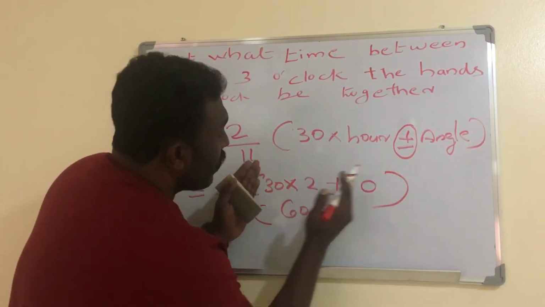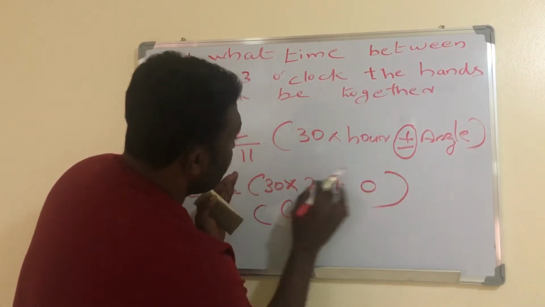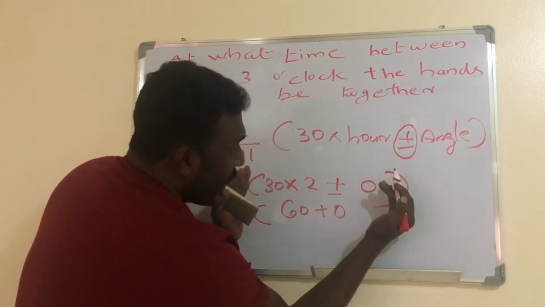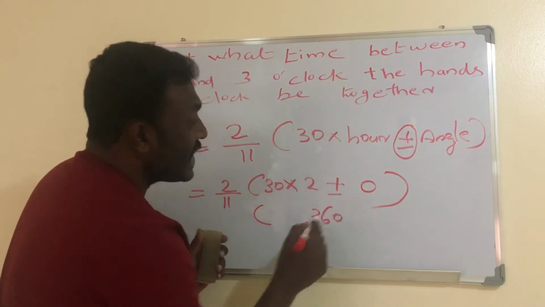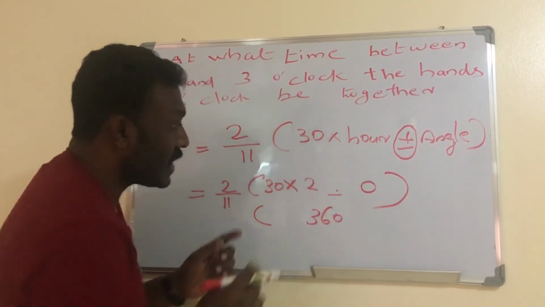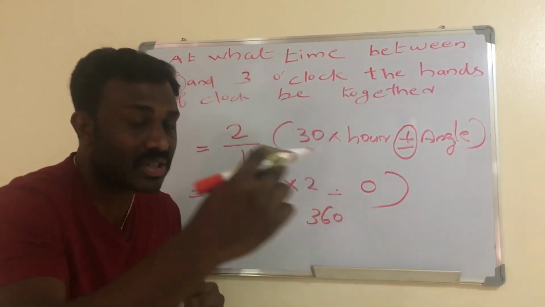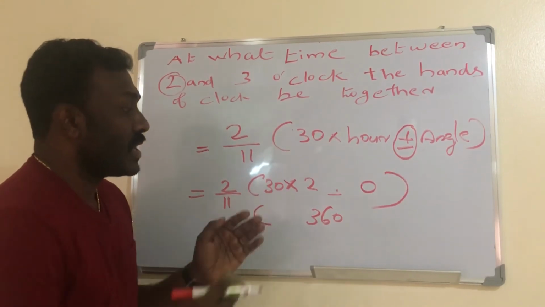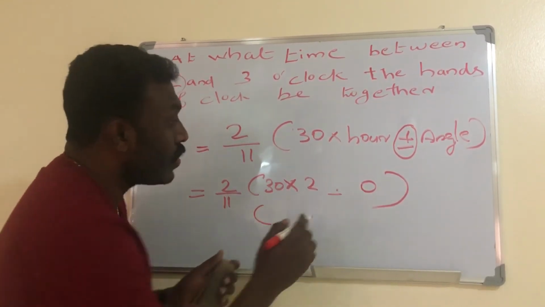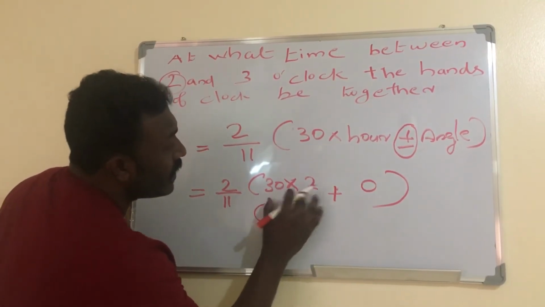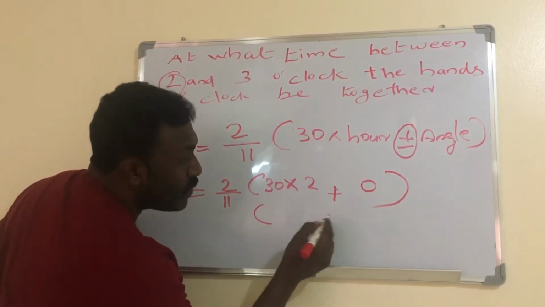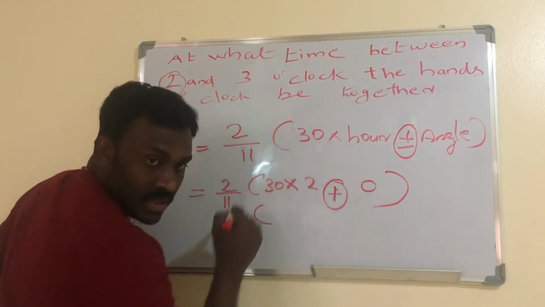When you add all the numbers in this bracket, if the answer goes above 360, then you have to put minus. If it is below 360, you have to put plus. In this case, the answer will be below 360, so I will put plus.